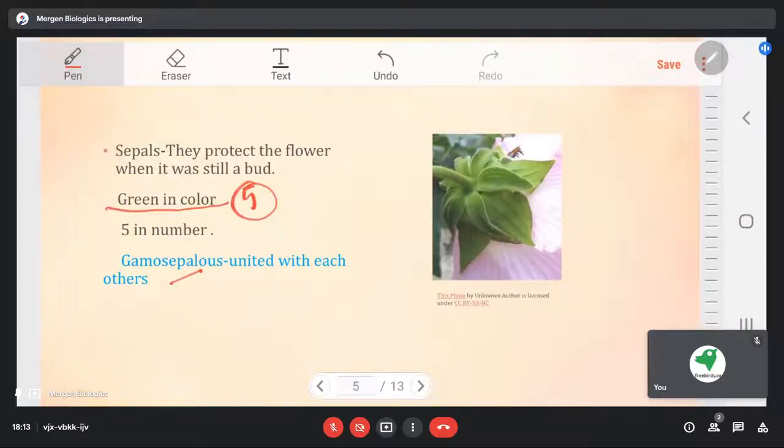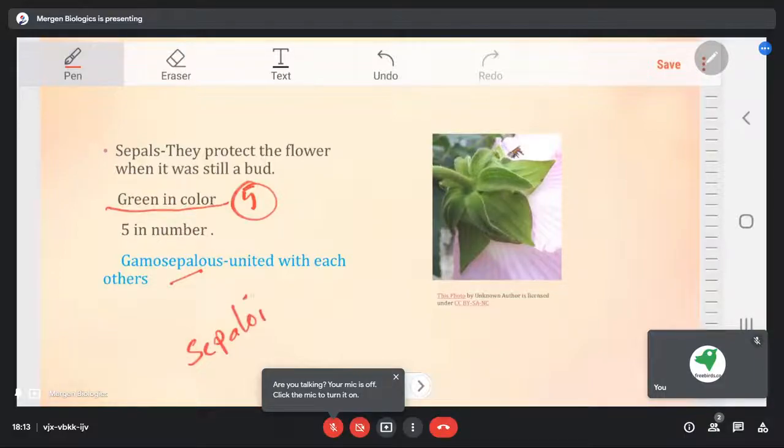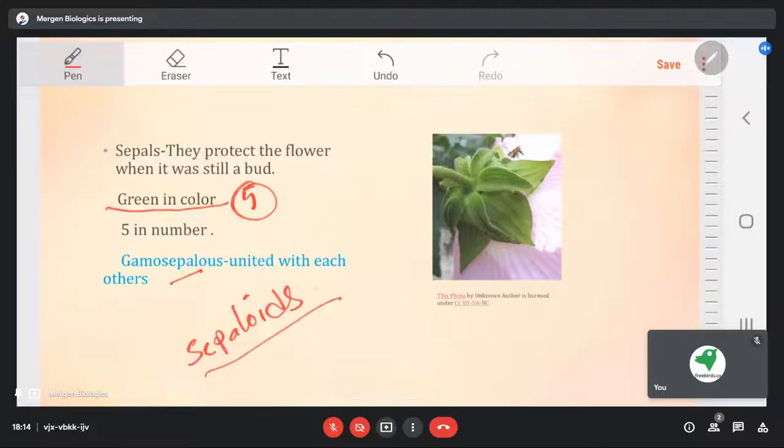They are as a whole known as sepals, but when they are not green in color, they are known as sepaloids. Here I have written the spelling.